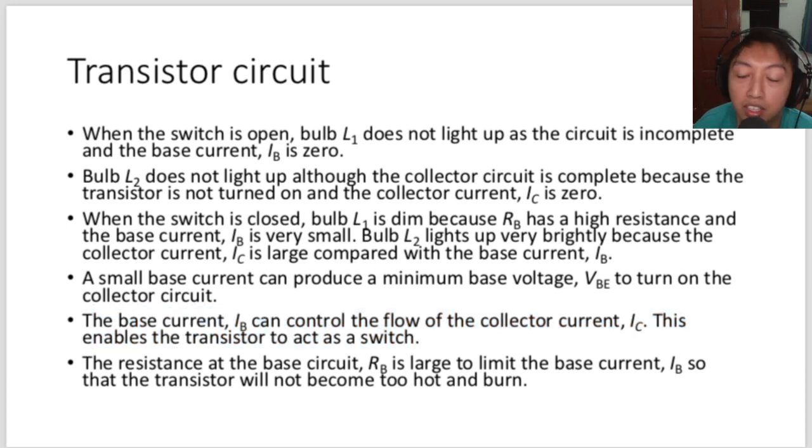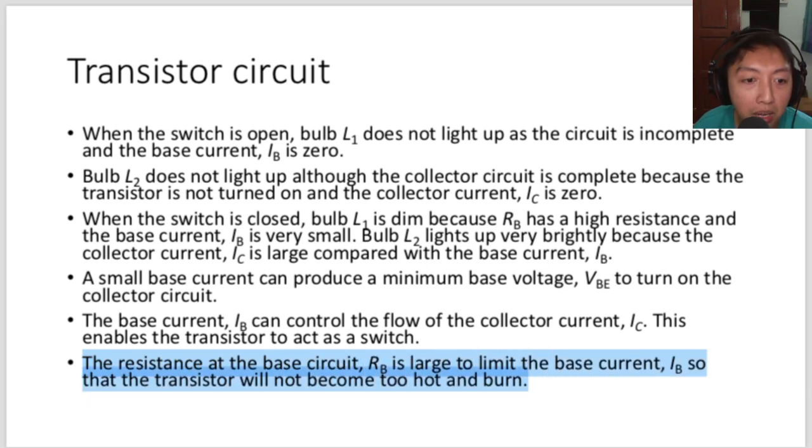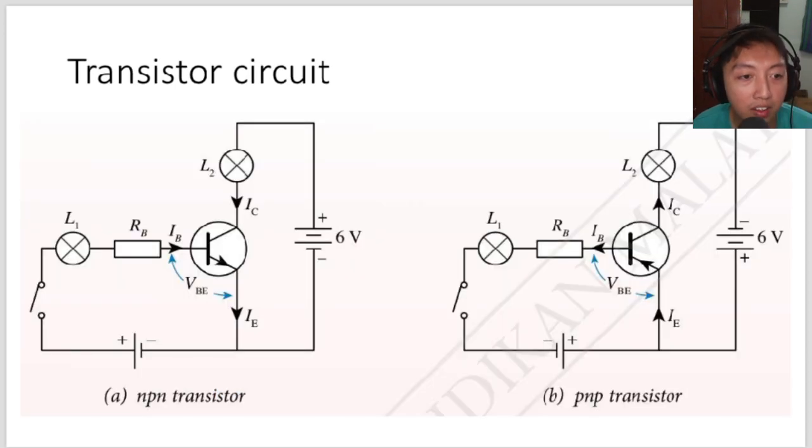This enables the transistor to act as a switch. The resistance at the base circuit is large to limit the base current so that the transistor will not become too hot and burn. So the base side should not receive a big current. Usually, it should only receive a small current so that it doesn't burn out quickly. Now, the collector circuit can carry a large current.